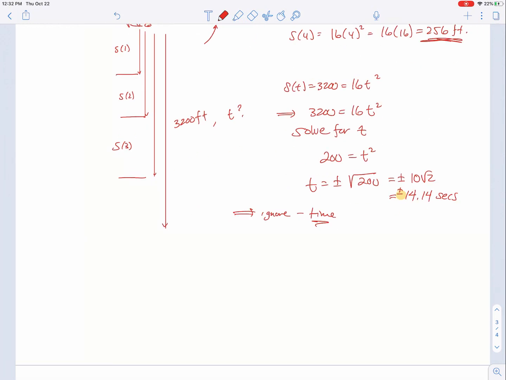And so the skydiver was falling for 14.14 seconds to travel 3,200 feet, dude.